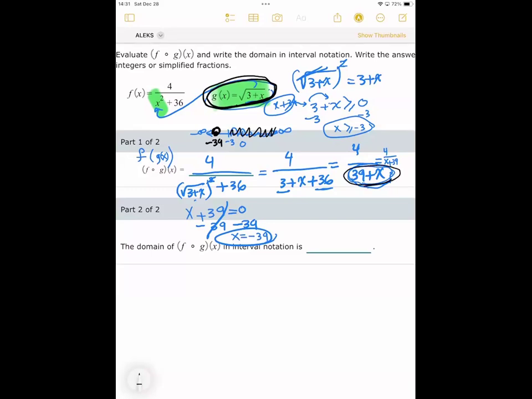At the end, we have a number that is outside of that, so we don't even care about it because it's not in here. If it was in here, we had to exclude it. But since it's outside, we don't worry about it. And our domain is going to be from negative 3 to infinity. Negative 3 is included.